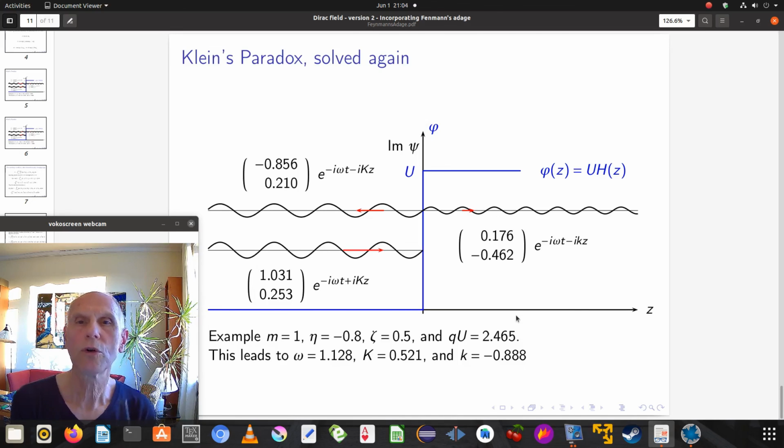The conclusion to it all is that we do have, with these definitions, a consistent, workable theory. How to make a many-particle theory, that's another question, which I shall not at all comment upon in this series. I have another point I would like to show you. What do you think about Feynman's adage now?